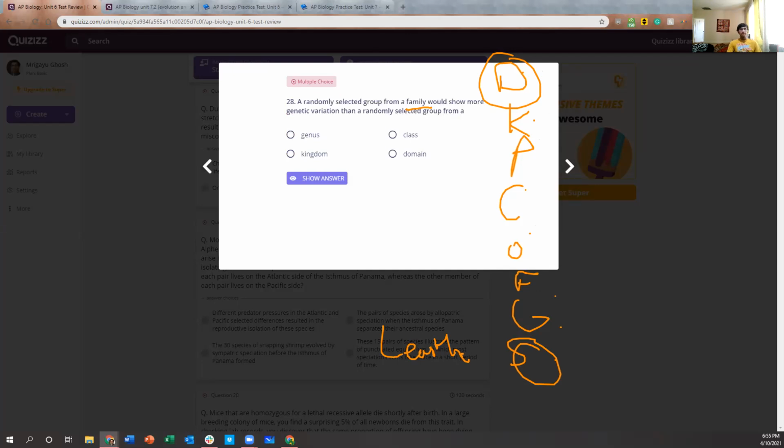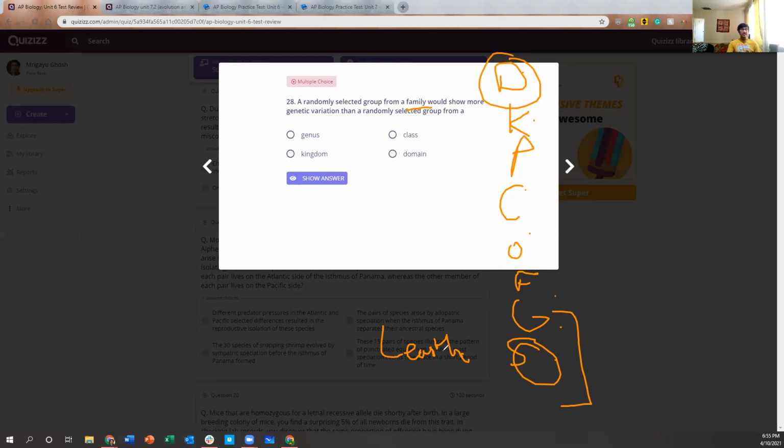Okay. A randomly selected group from a family would show more genetic variation than a randomly selected group from a... Okay, so a group selected from a family would be more varied than a group selected from anything else below family, because anything else below family is more specific.